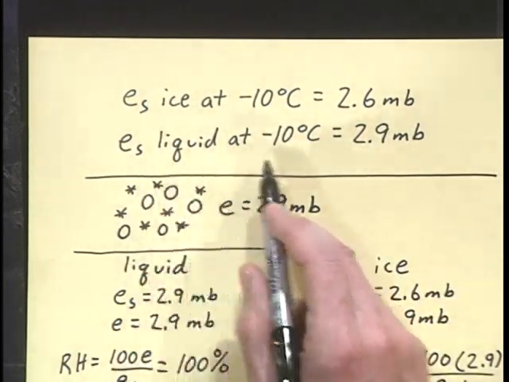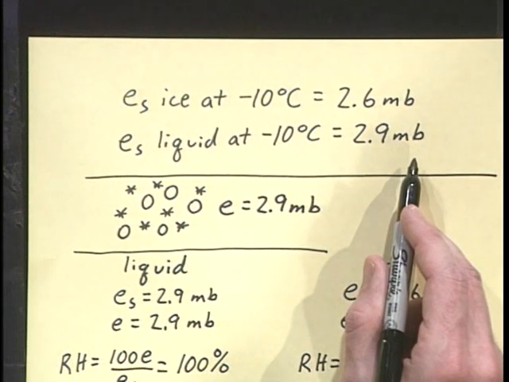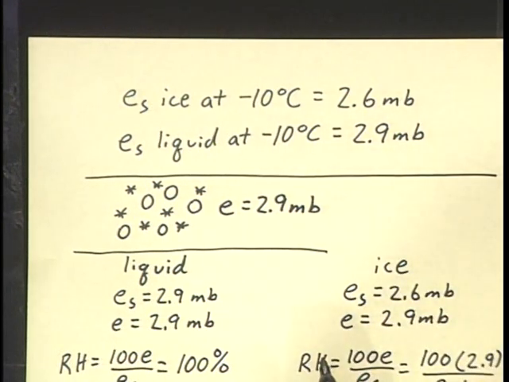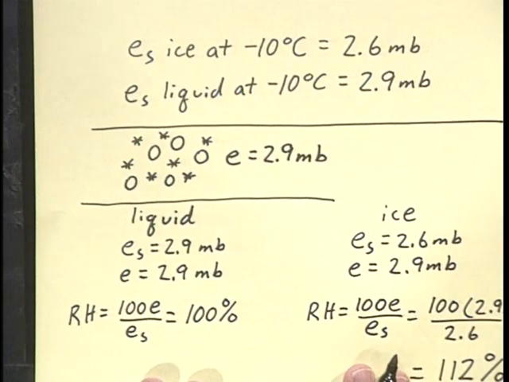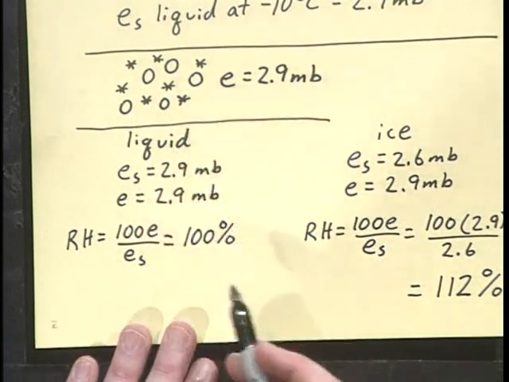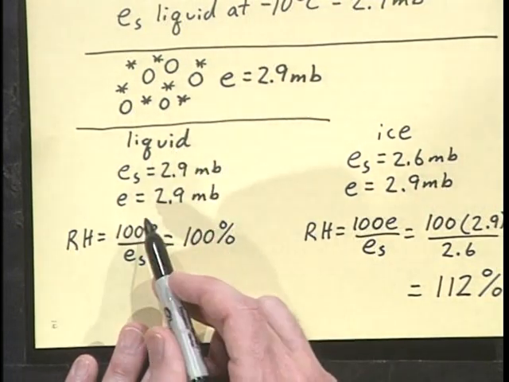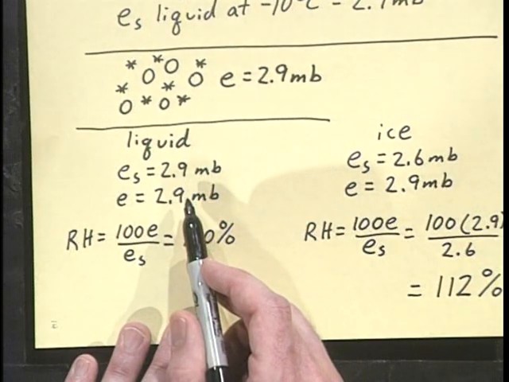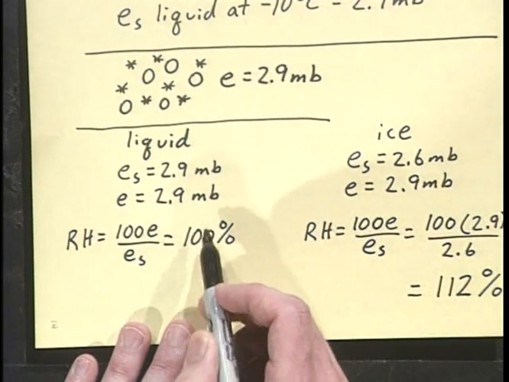But over the liquid, it's 2.9 millibars. And so we can determine what the relative humidity of each one of these is with respect to ice and with respect to the liquid. First, with respect to the liquid, the relative humidity is 100%. The vapor pressure and saturation vapor pressure are both 2.9 millibars.